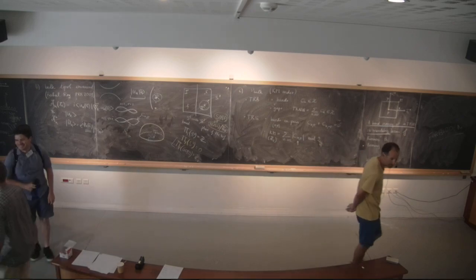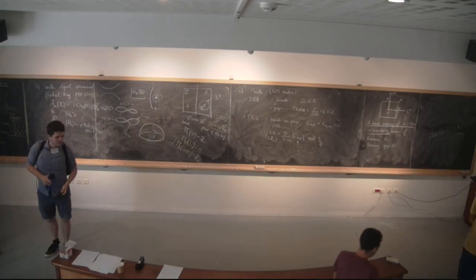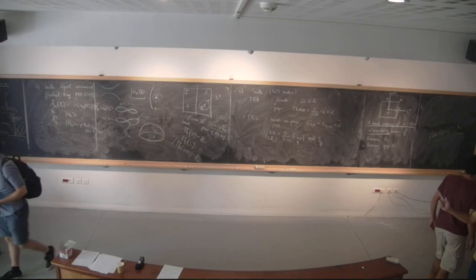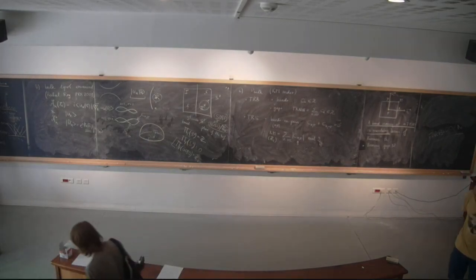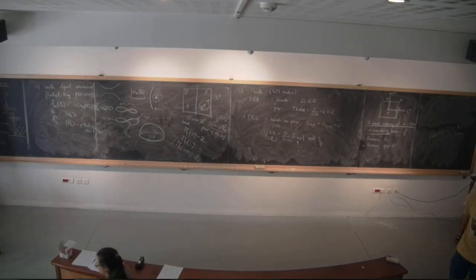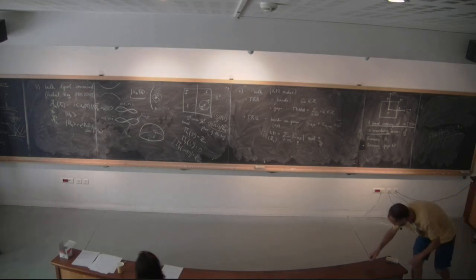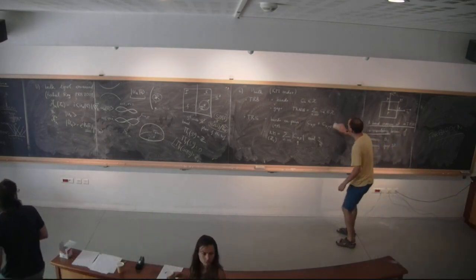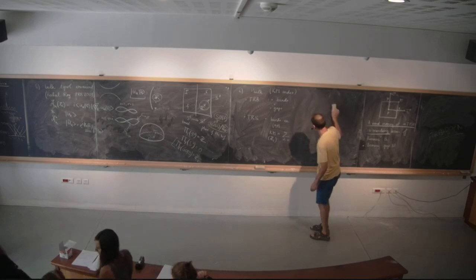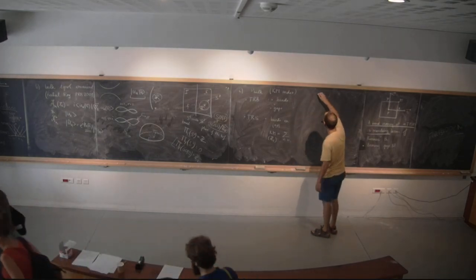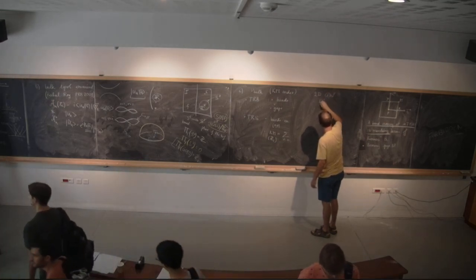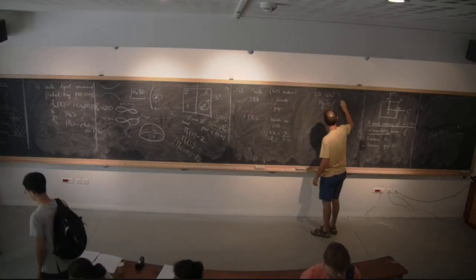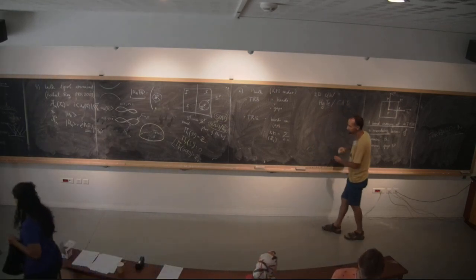Yes, so there have been experiments on both the Chern insulator and the Z2 insulator. In the Z2 insulator, it's the experiments of Molenkamp in Würzburg. The system is a 2D quantum well of HgTe and CdTe.